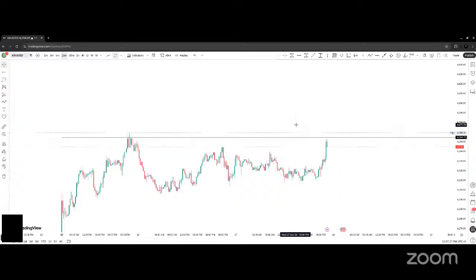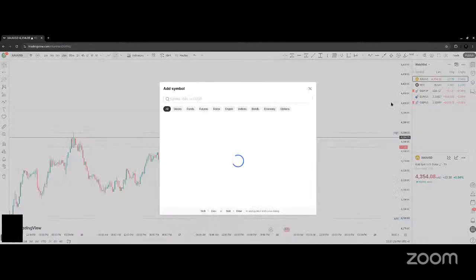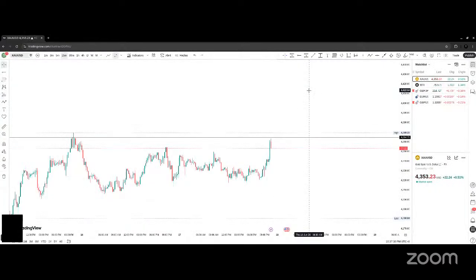Two pairs each day, so 4 pairs in total. Saturday GJ and EU.